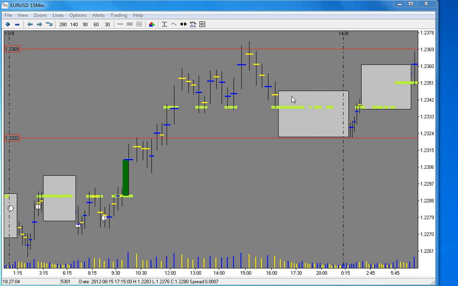Anyway, this is what we had on Monday. I'd marked up a couple of areas I was interested in for possible stop takes above this area and also below there. We'd had a profit release up from Monday, the market had gone back into accumulation, and this was pretty much Tuesday morning.